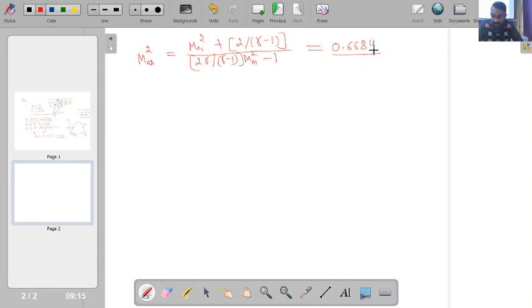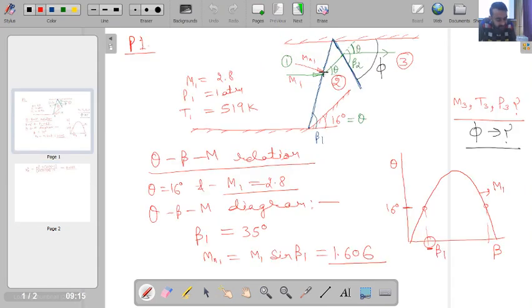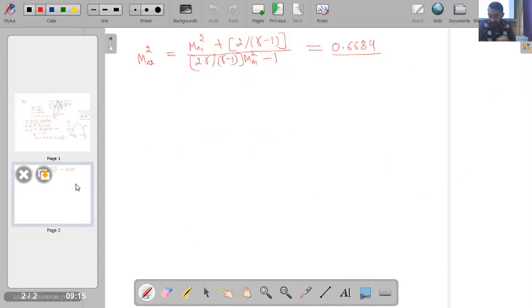Now once I have the value of Mn2, it means I have the Mach number in the direction normal to this wave. So this is my Mn2. If I have to calculate M2, M2 is in this direction, along the streamline. So the relation between Mn2 and M2, can you tell me? I have already explained it in the previous discussion.